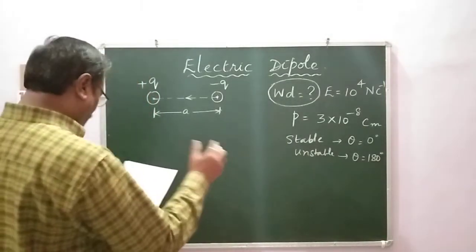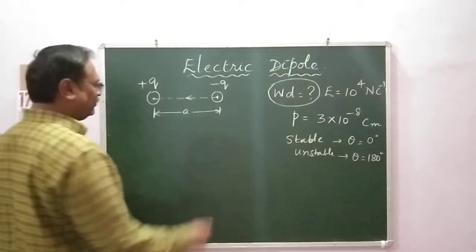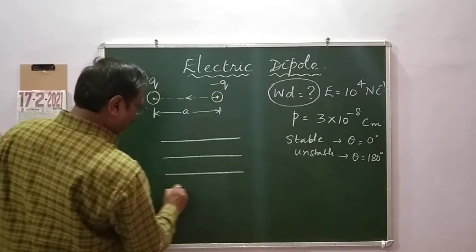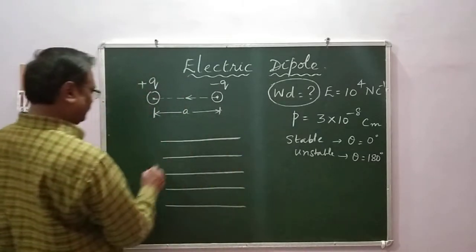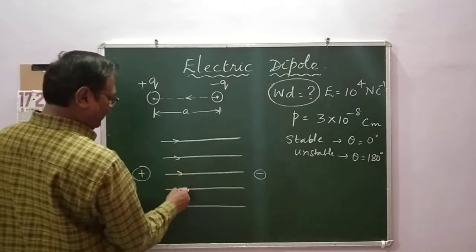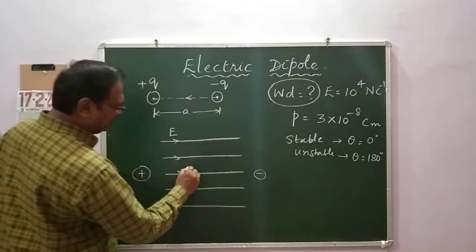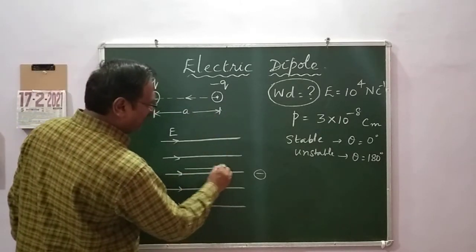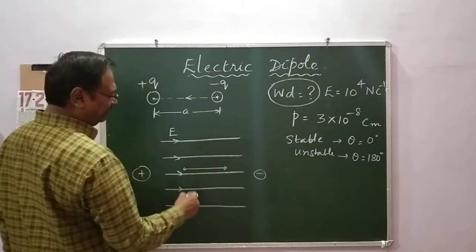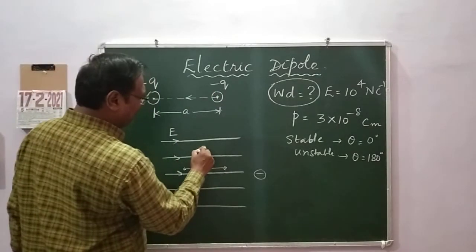First, let me picturize with the help of a small diagram. Very simple diagram. Take parallel lines. You know parallel lines represent uniform electric field, positive to negative. Electric field is an arrow mark, you have to put it. This represents electric field. Already it says it is lying in the stable equilibrium, and you know that when it is in stable equilibrium, the electric field's direction is this.